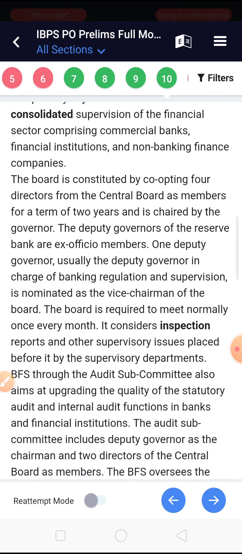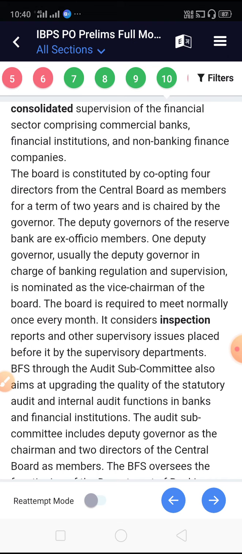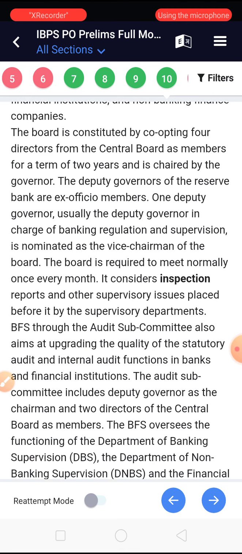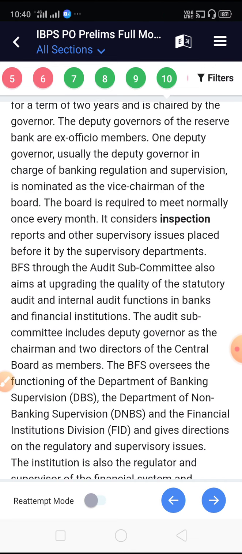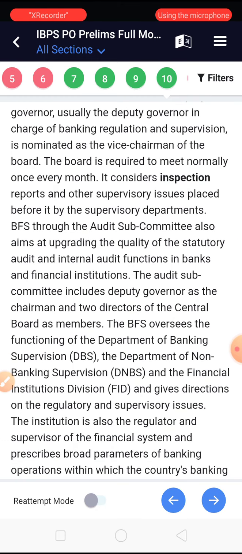The audit subcommittee also aims at upgrading the quality of the statutory audit and internal audit functions in banks and financial institutions. The audit subcommittee includes the deputy governor as the chairman and two directors of the central board as members. The BFS oversees the functioning of the Department of Banking Supervision, DBS, the Department of Non-Banking Supervision, DNBS, and the Financial Institutions Division, FID, and gives direction on regulatory and supervisory issues.